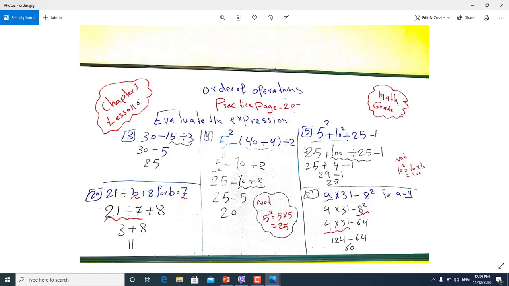And from number 5, we have 5 exponent 2 plus 10 exponent 2 divided by 25 minus 1. So we don't have parentheses. Let's go to the next. We have exponents. So 5 exponent 2, that means 5 times 5, it's 25, and 10 exponent 2, second power of 10, it's 100, and divide, we will write again 25, again minus, again 1 again.